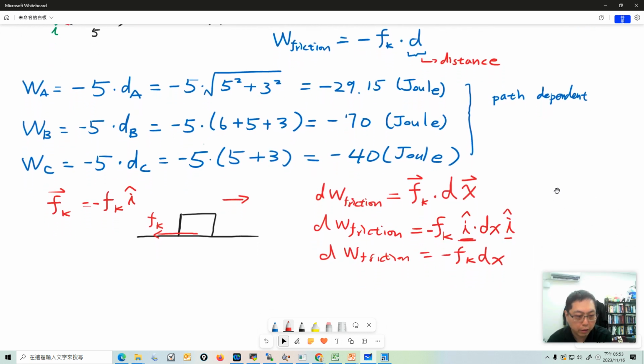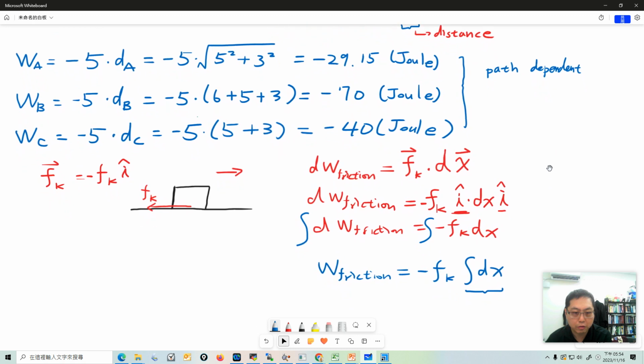Then we integrate both sides. The left becomes the work done by friction, and the right becomes, supposing a constant friction force, minus Fk times delta L. We add the tiny delta x together regardless of direction, and that becomes minus Fk times the distance.